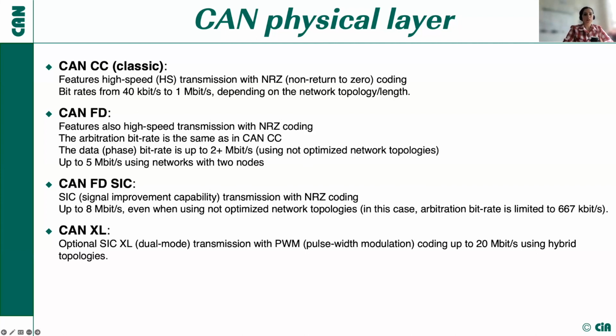We have the CAN CC transceivers that feature high speed transmission with non-return to zero coding, and the bit rate can be achieved from 40 kilobit per second to 1 megabit per second, of course, depending on the network topology.